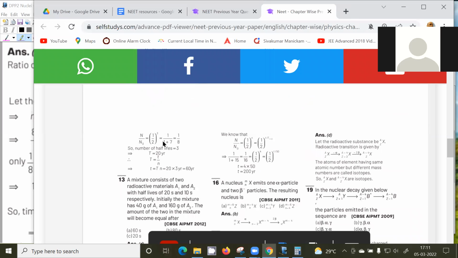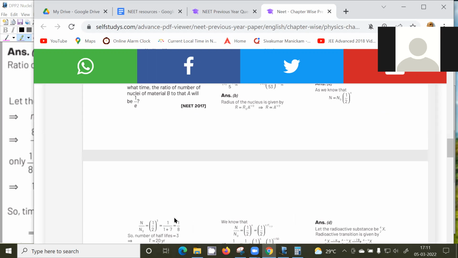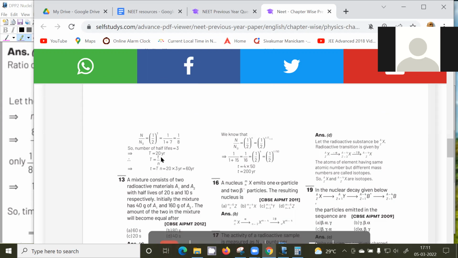See, this is the total mass, no? So mass of X is 1 and mass of Y is 7 times, so total mass is 1 plus 7. But why have they taken n as 1? That's my question, sir. Which n? Here, n by n naught equals 1 by 1 plus 7.